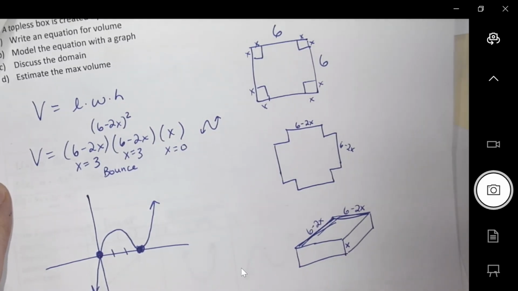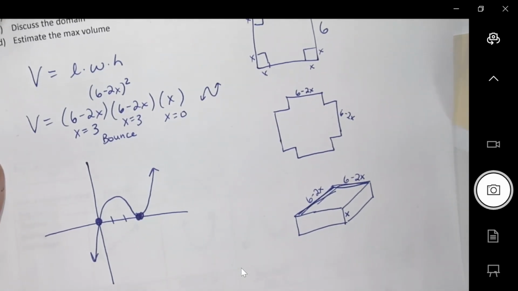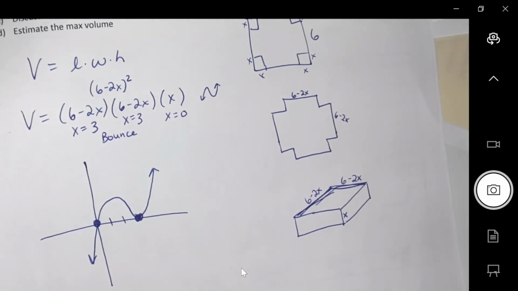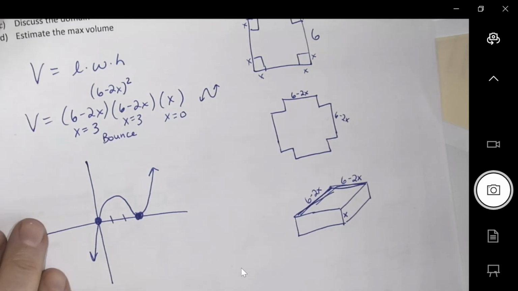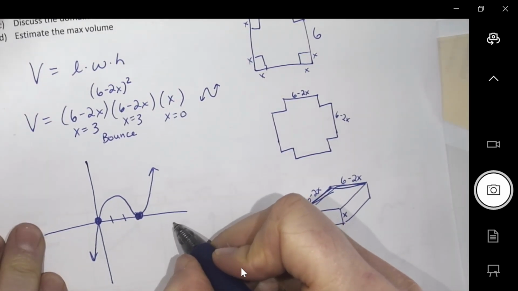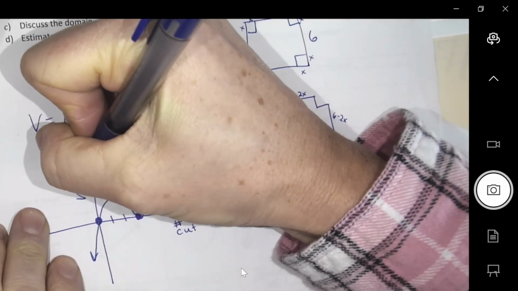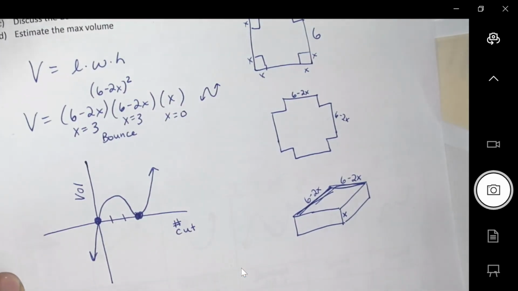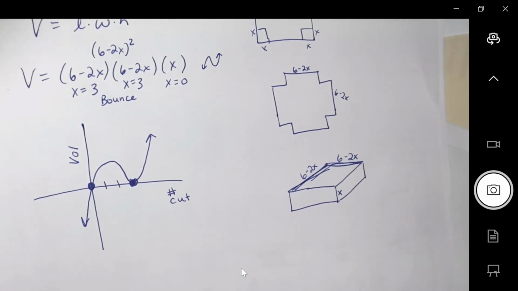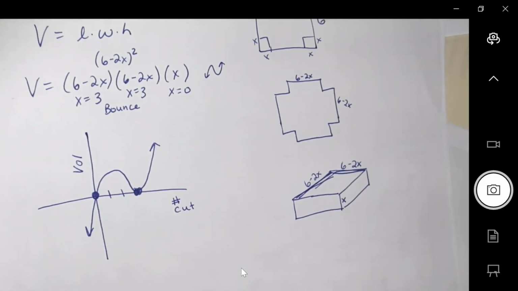Because it's 0, it's already on there. So this was the number that we cut, and then this would be the volume. X is the amount that we cut, and then it results in the volume.